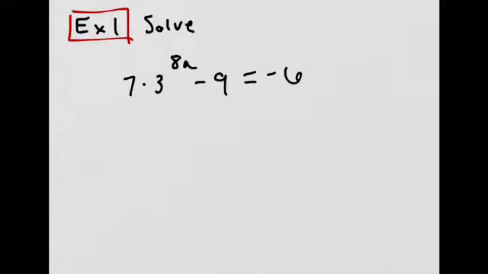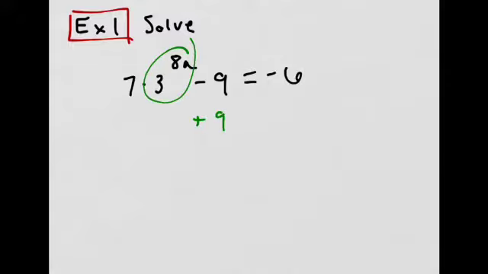Anytime I want to get something out of the exponent, I can use a logarithm. It's very nice. So this is what I'm going to do first. I'm going to pretend like I'm solving for this piece, which means I'll have to add 9 over and then divide by 7. In fact, let's do that first. So I'm getting this piece by itself.